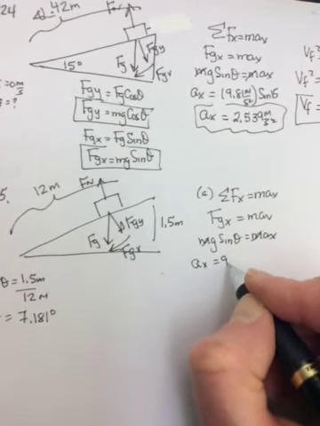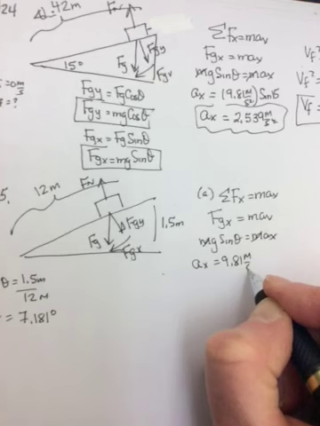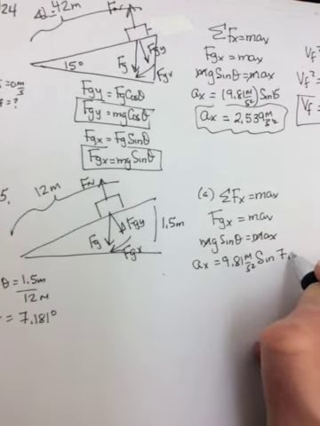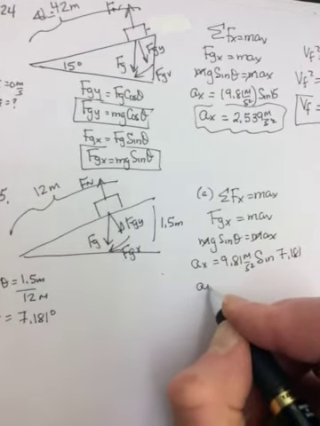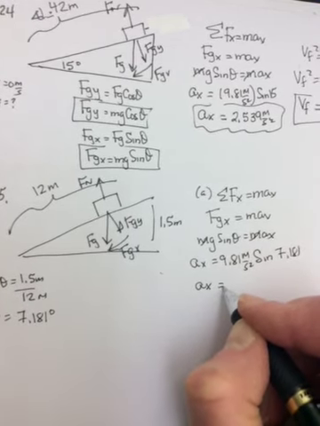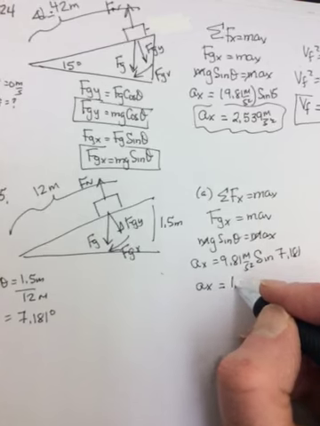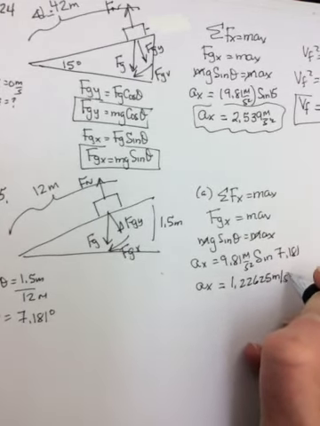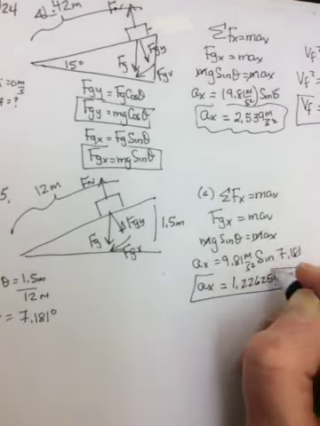So AX is equal to 9.81 meters per second squared, sine of 7.181. And when you do this, you get an AX of 1.22625 meters per second squared, part A.